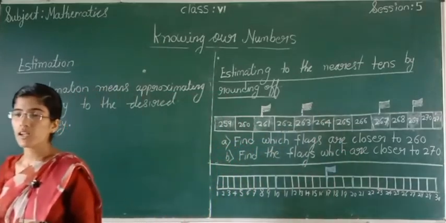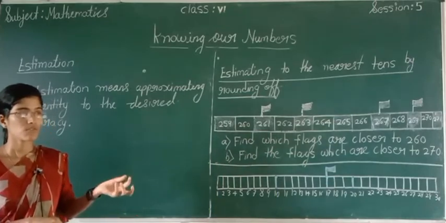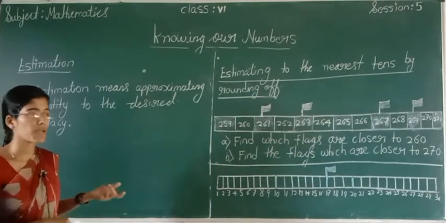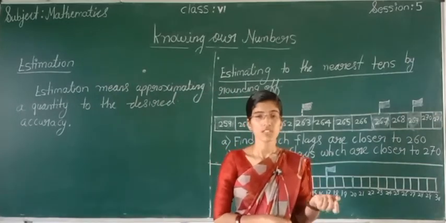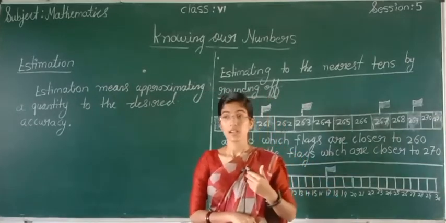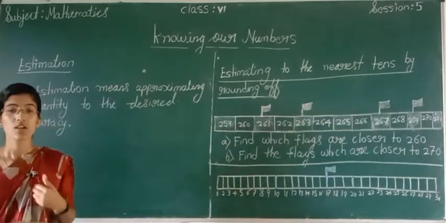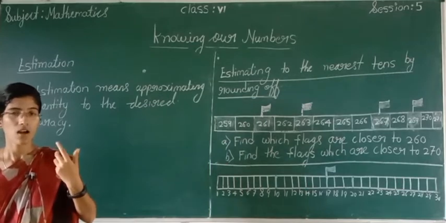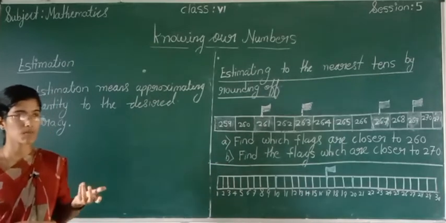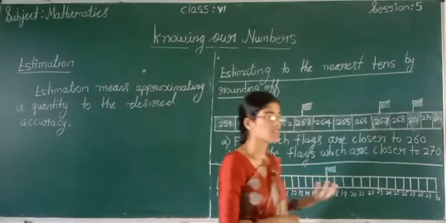What do you tell at that time? You will tell it may be 1,000, right? It may be 900. You will use a word, it may be, or around 1,000 members came. Yes, you are using the word about 1,000 members came or around 900 members came.